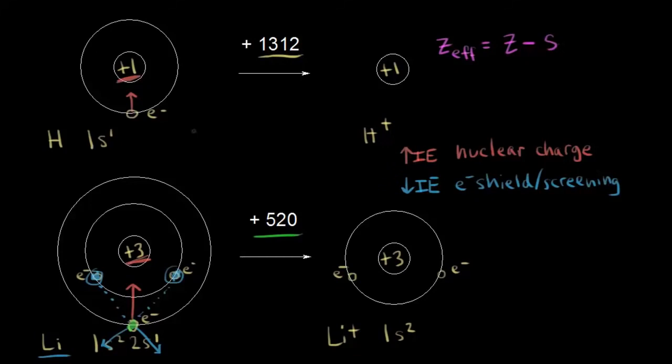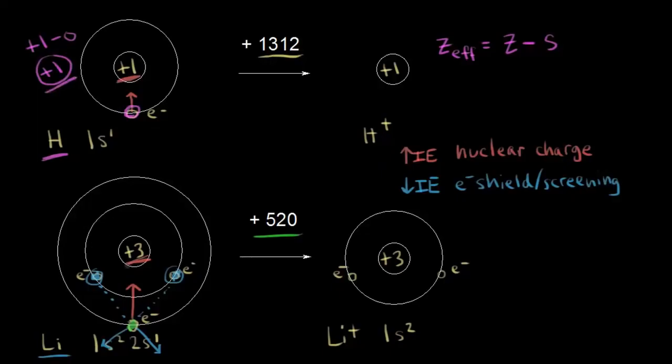So let's look at hydrogen first and calculate the effective nuclear charge that this electron experiences. Well, there's a +1 charge in the nucleus, so that's the nuclear charge, Z. And there are 0 shielding electrons, so 1 minus 0 is of course +1.